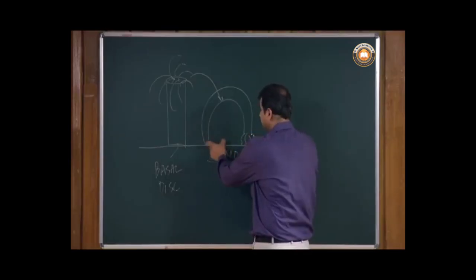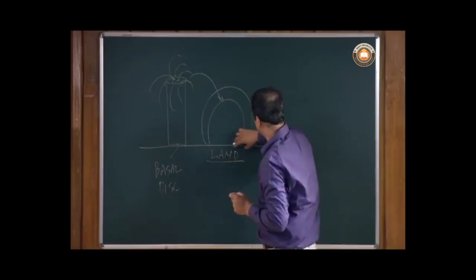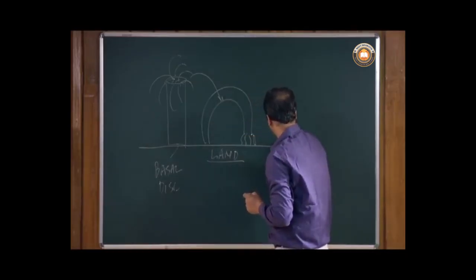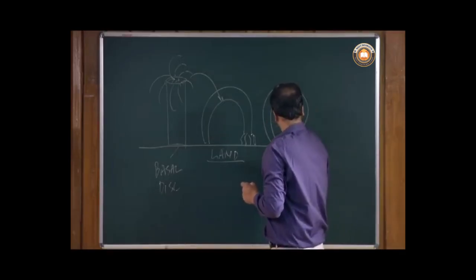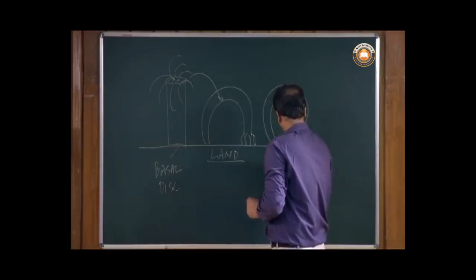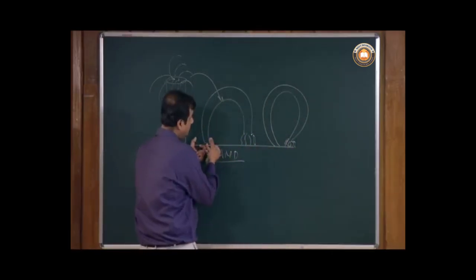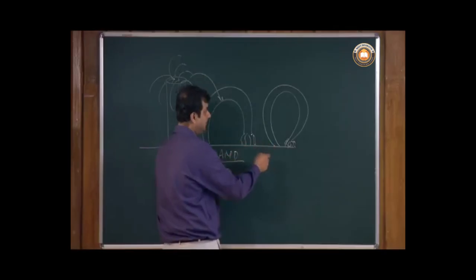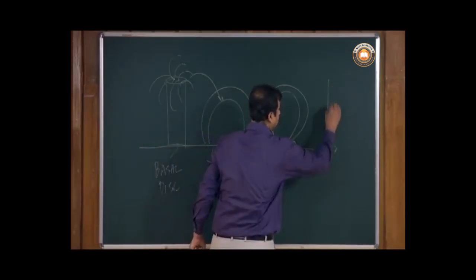This dragging causes the movement of the basal disc from this location to this location. Then there is a complete twisting, and suddenly the hydra will have an erect position.